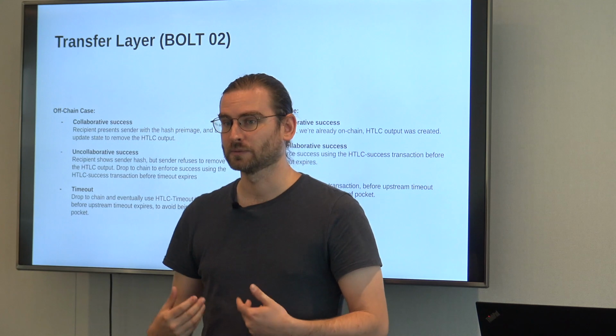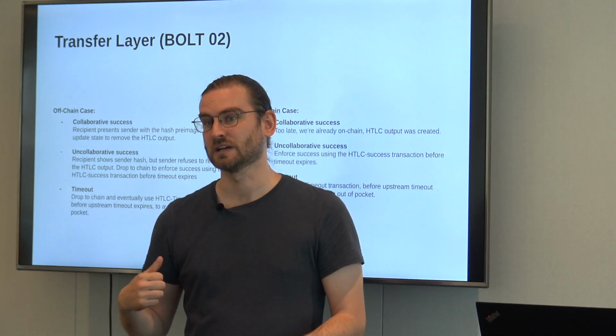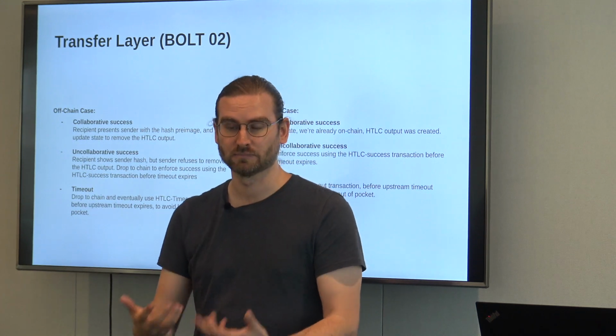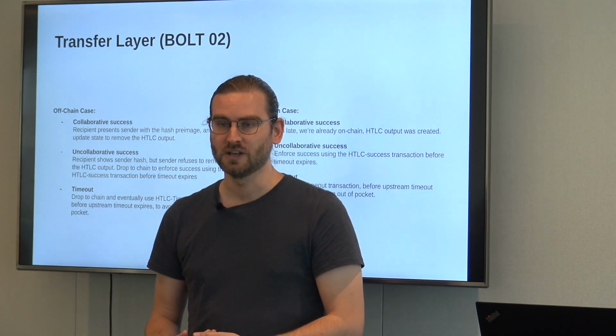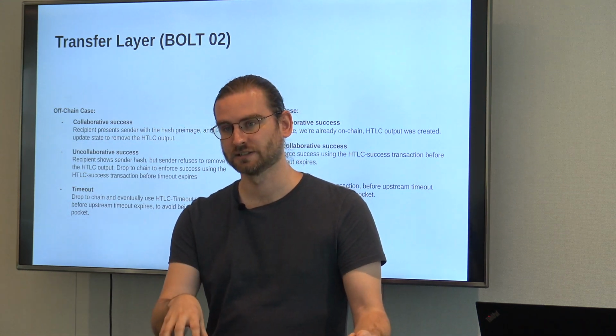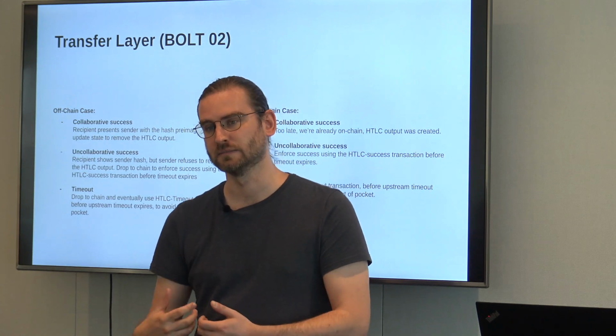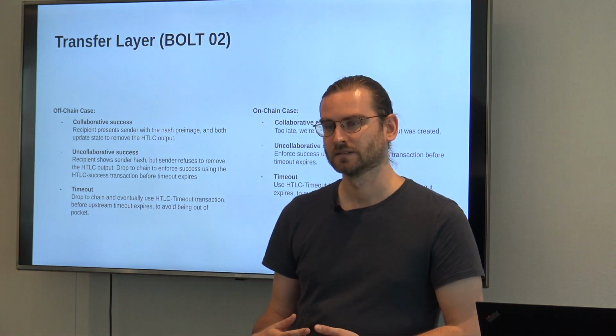So I will wait for 10 blocks to expire and then try to pull the funds away from you, because the timeout has now expired. I can pull back my funds despite you having the pre-image. So you need to make sure that you pull the funds away from that shared output before I get the ability to pull it towards me. Okay, maybe I should write this down later.